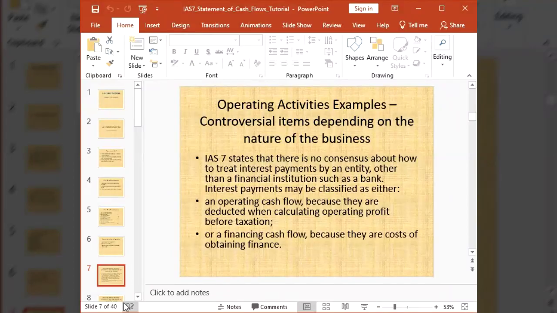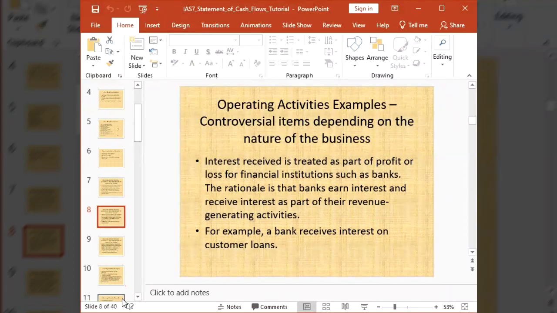What this also means is that the nature of the business is a pointer to how we classify activities or line items in the statement of cash flow.